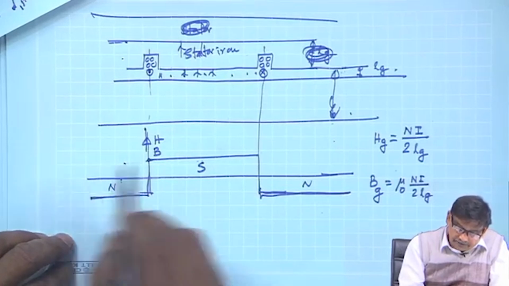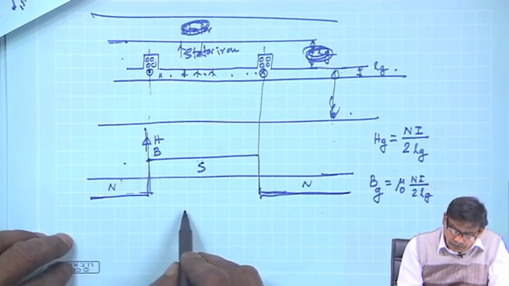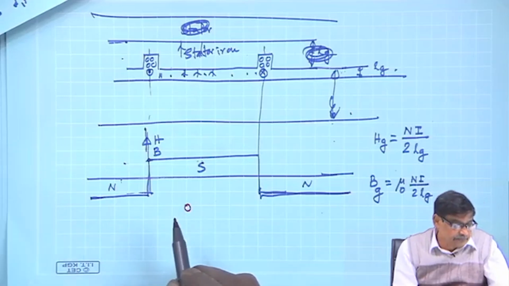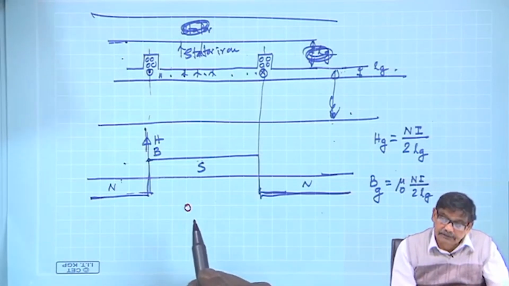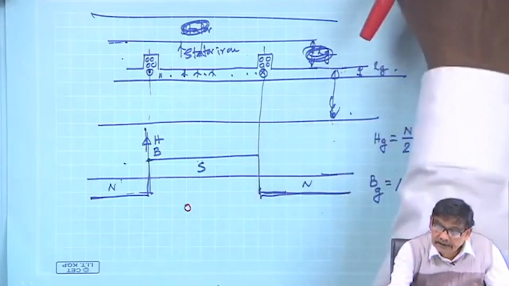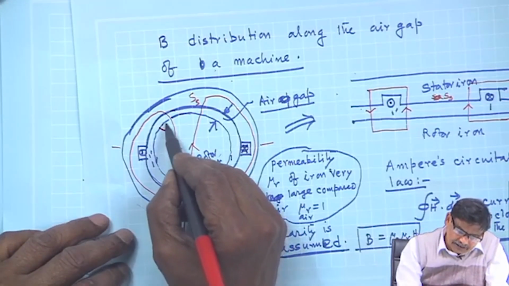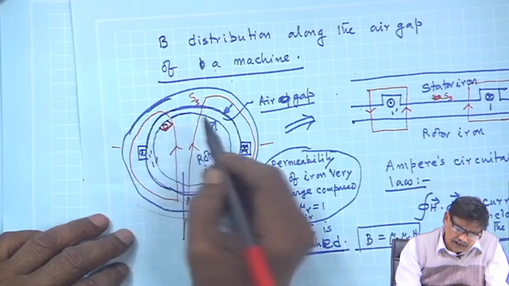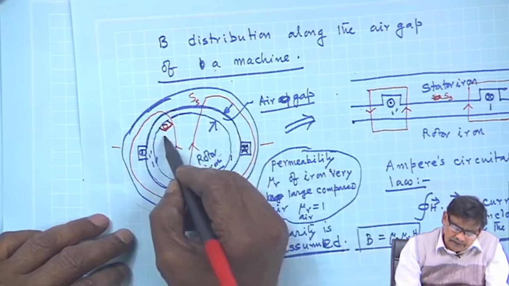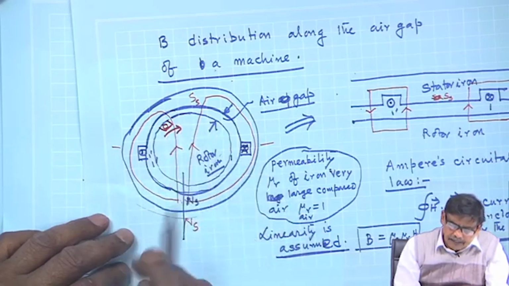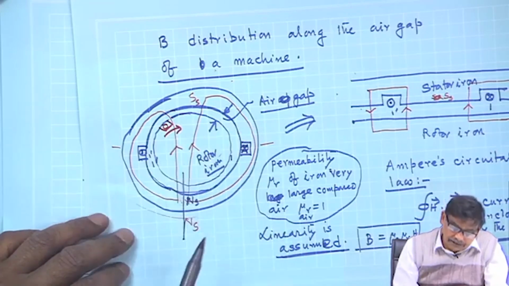On the rotor surface, I will put one conductor here. Suppose you put a conductor, a slot is there, you put one coil and drive this conductor, open circuit, the rotor is open circuit.